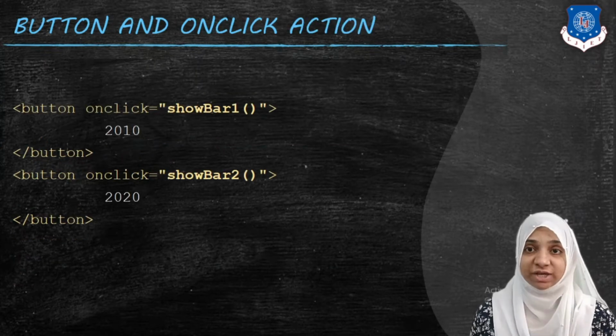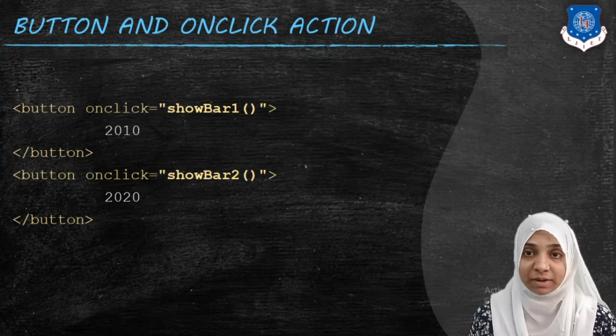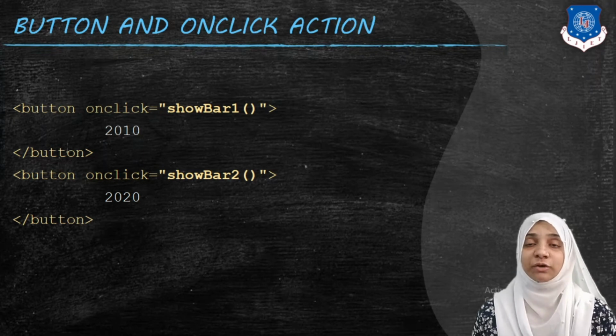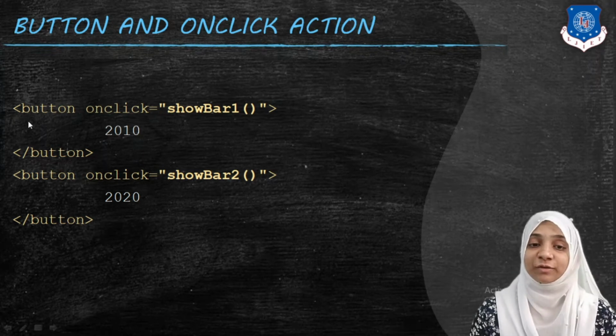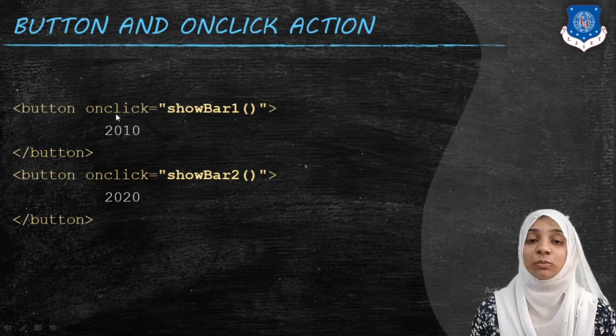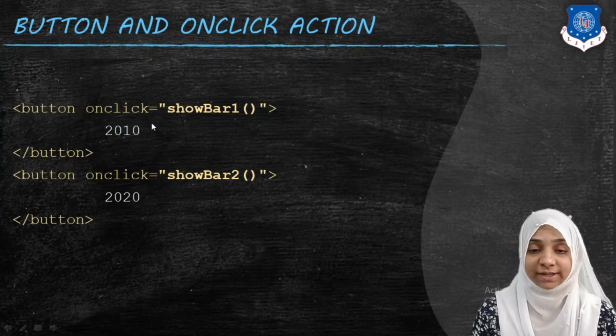So in an HTML section, inside the body, we are going to create two different buttons, and we will associate two different functions on a click of the two different buttons. We use the button tag. Between the opening and closing of the button tag, we put the text which needs to be displayed on the button. The first button shows the text 2010.